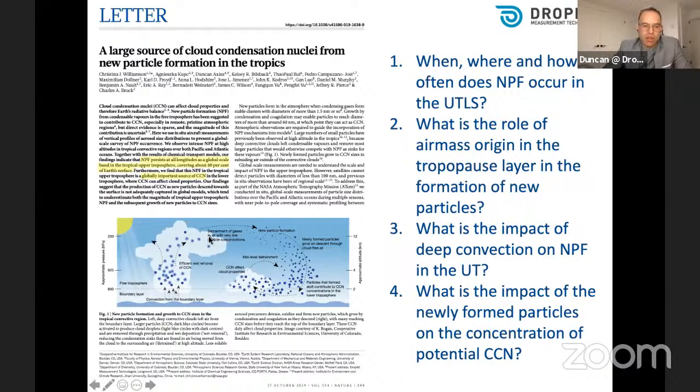And in this paper, you see this nice cartoon, this nice figure that shows that deep convection can have an important role in producing the conditions that are suitable for new particles to form in the upper troposphere. Then these new particles continue to grow, and they seed clouds by forming CCN in the boundary layer. So this is a very important process also for boundary layer clouds.